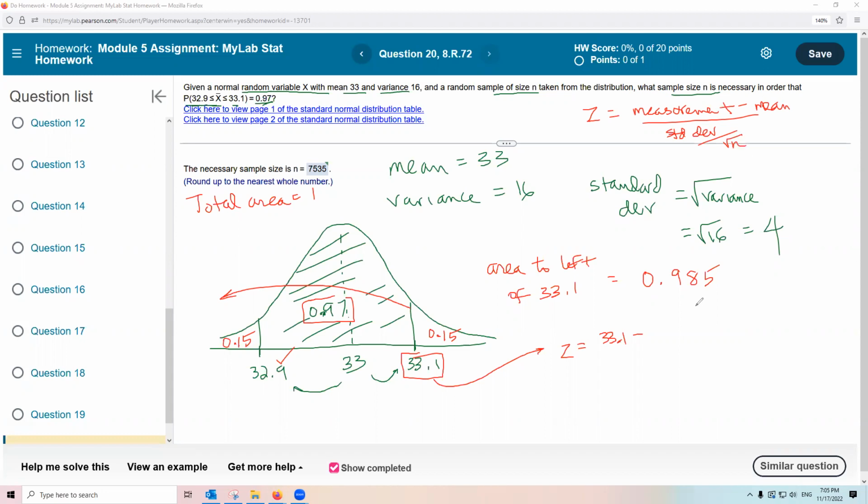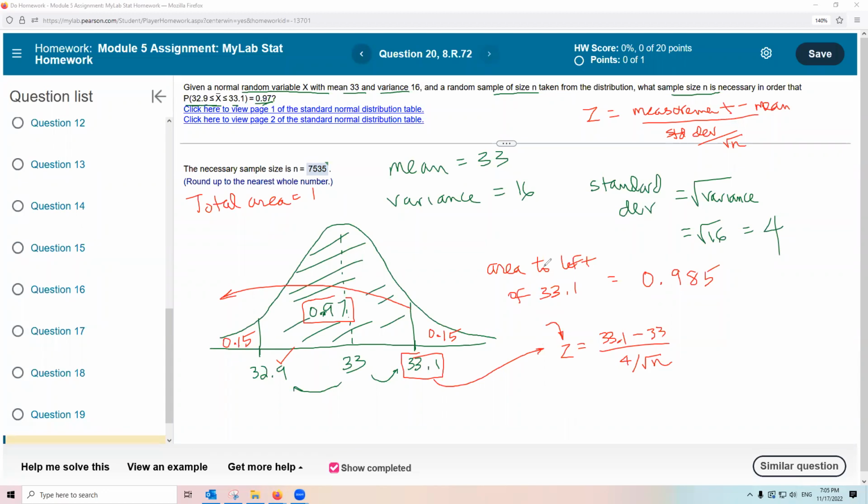So in our example, this is going to be 33.1 minus the mean, which is 33, the standard deviation is 4, and the square root of n, because we don't know what n is, that's what we're trying to determine. So if I could figure out the z-score, that would help me, because then I could solve for n.